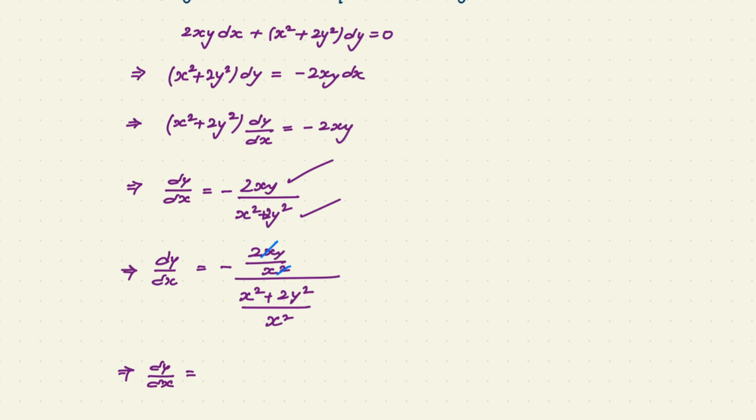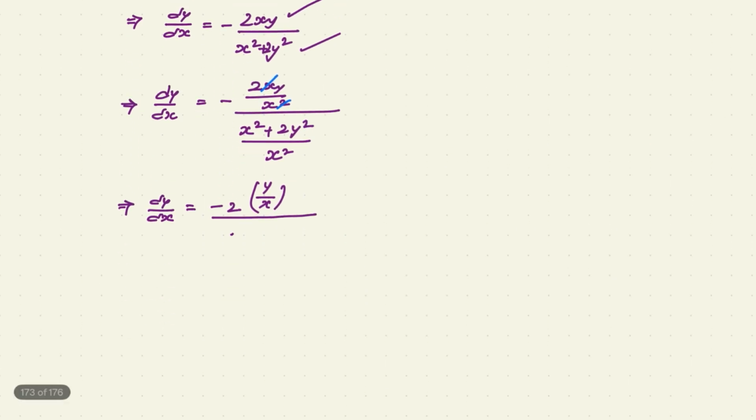So we have minus 2 into y by x in the numerator, whole divided by 1 plus 2 into (y by x) whole square. Now you see that this dy over dx is a function of y over x. That's why this is a homogeneous differential equation, which has been proved.